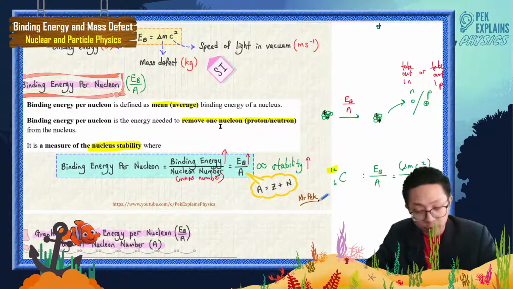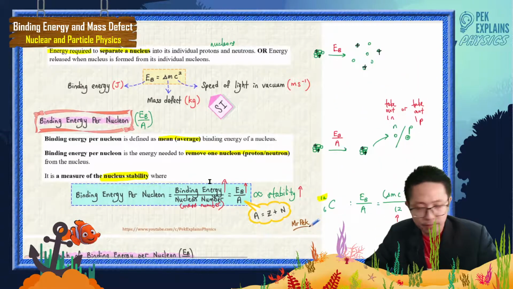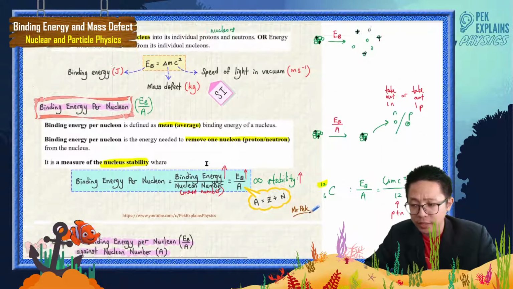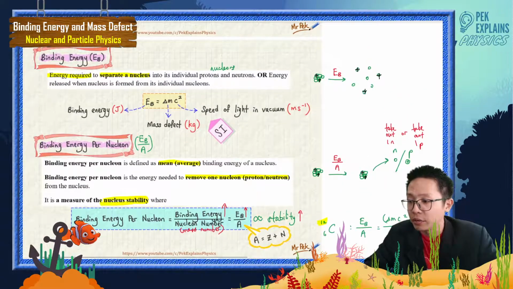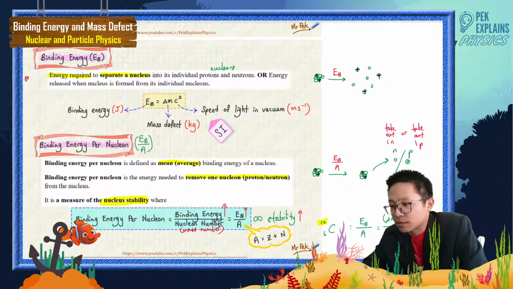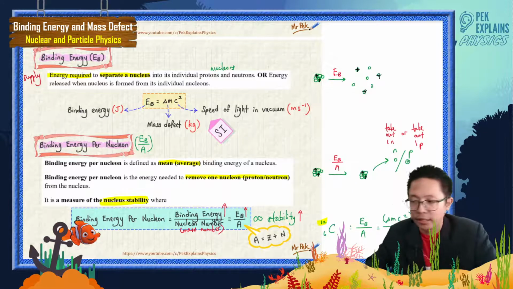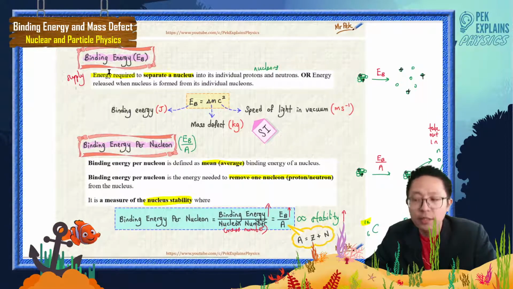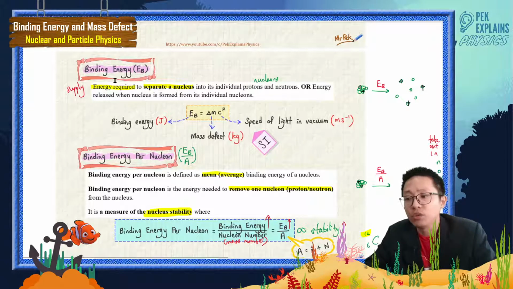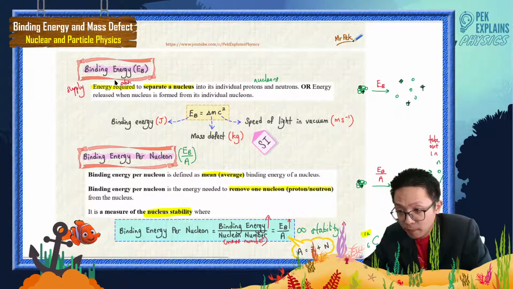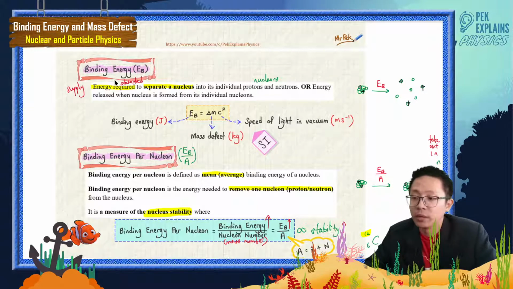You see, what is binding energy? Again, what is binding energy? Binding energy is the energy required to supply, isn't it? You need to supply this amount of energy, equivalent to the binding energy, to be absorbed in order to separate the nucleus.